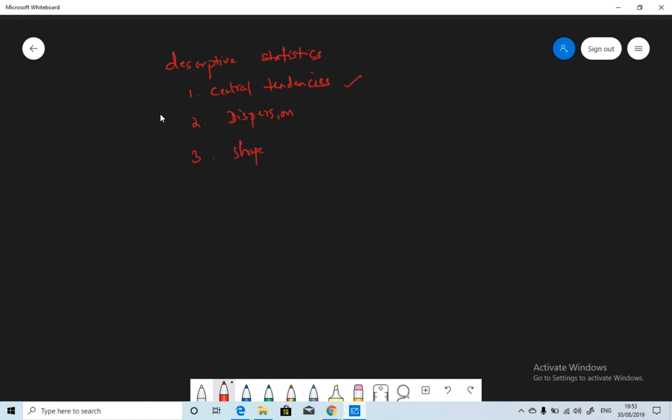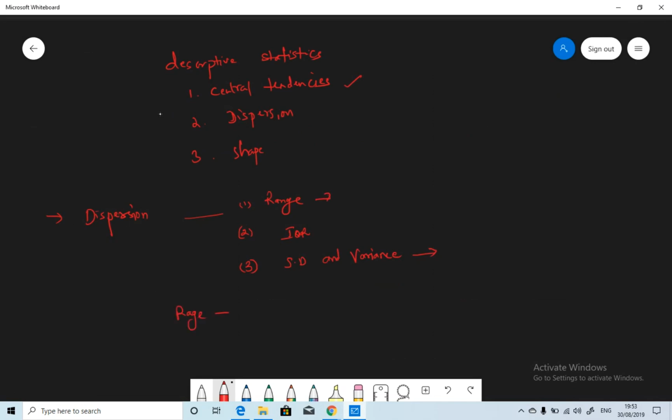This we completed. Now we are going to dispersion. Under dispersion, we have three things: one is range, one is IQR, another one is standard deviation and variance. Right. So write down these three topics.